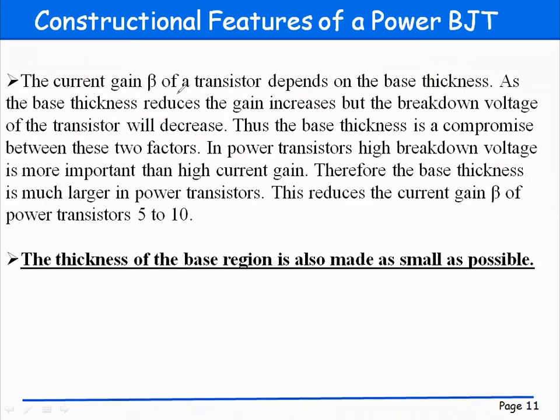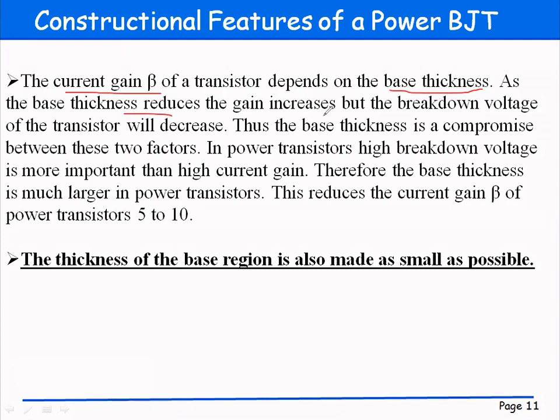The third constructional feature of the power BJT or transistor is the current gain of the transistor, that is beta. The beta of the transistor depends on the base thickness. The relation between the base thickness and gain of the transistor is that as the base thickness reduces, the gain increases.